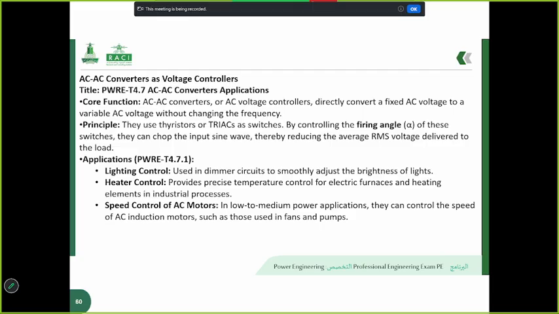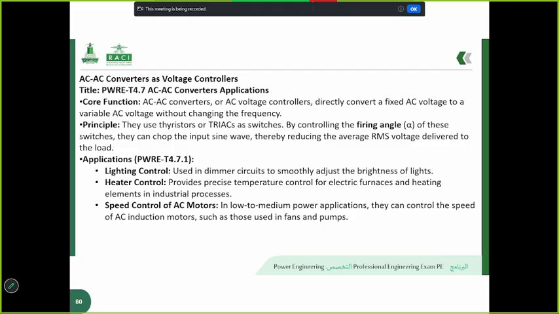So these converters have numerous practical applications where variable voltage is required. A very common example is in lighting control, such as with household dimmer switches, where a triac is used to smoothly adjust the brightness of a light by varying the voltage.